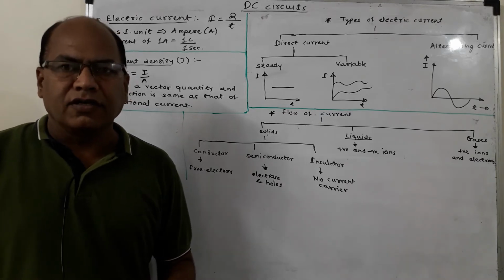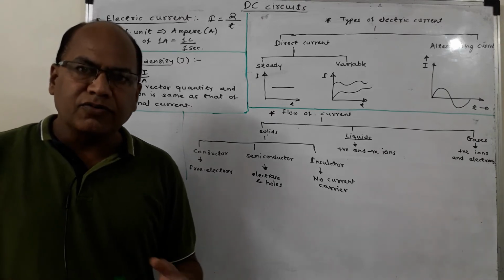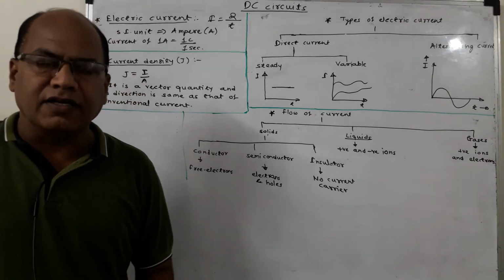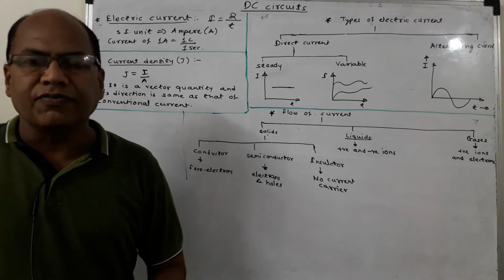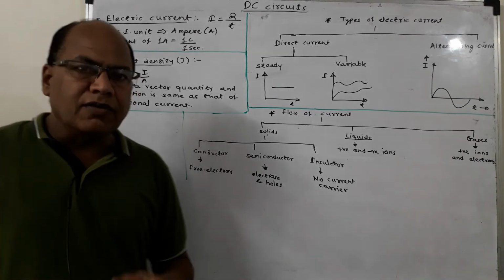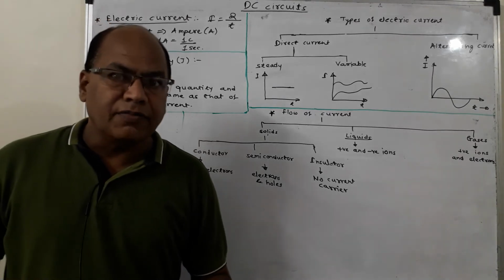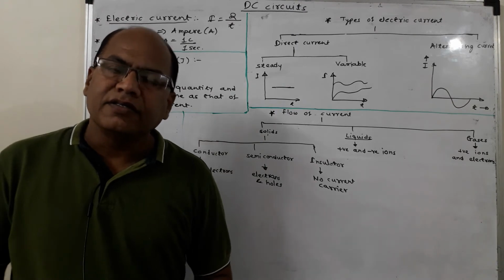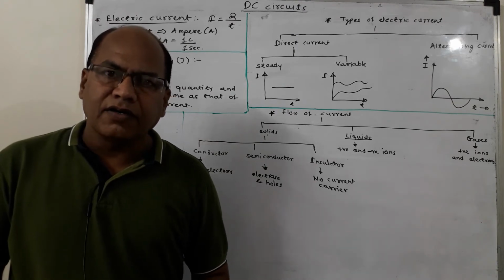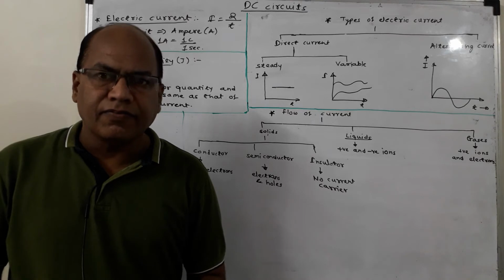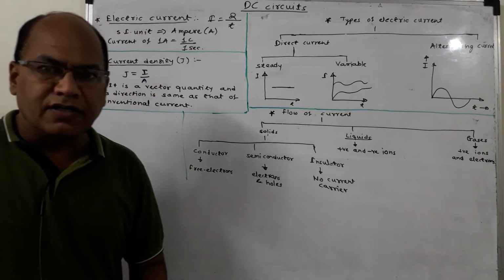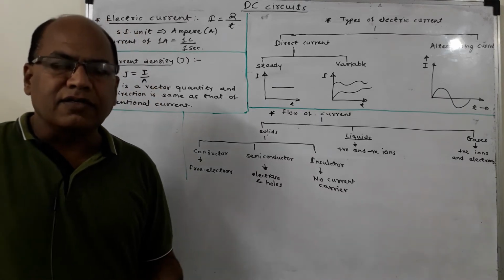Such an electron can move from atom to atom inside the material, and that is why it is called a free electron. So some materials, mostly metals, for example silver, copper, gold, aluminum, contain a large number of free electrons.